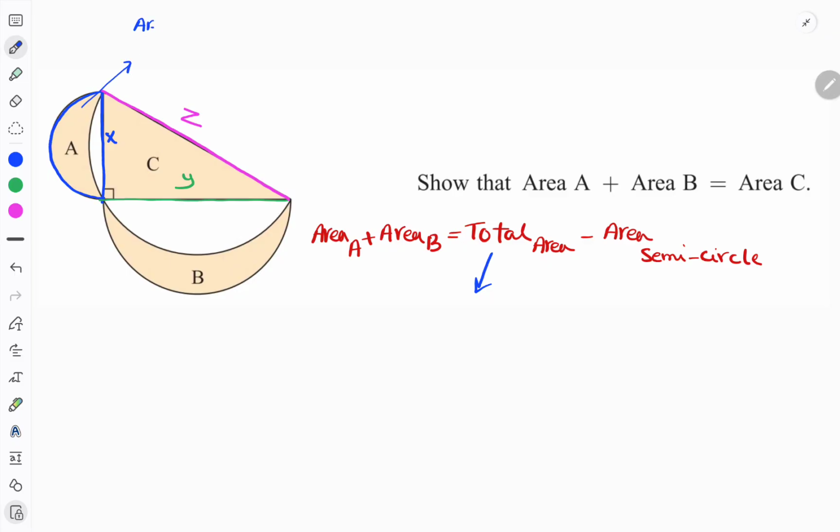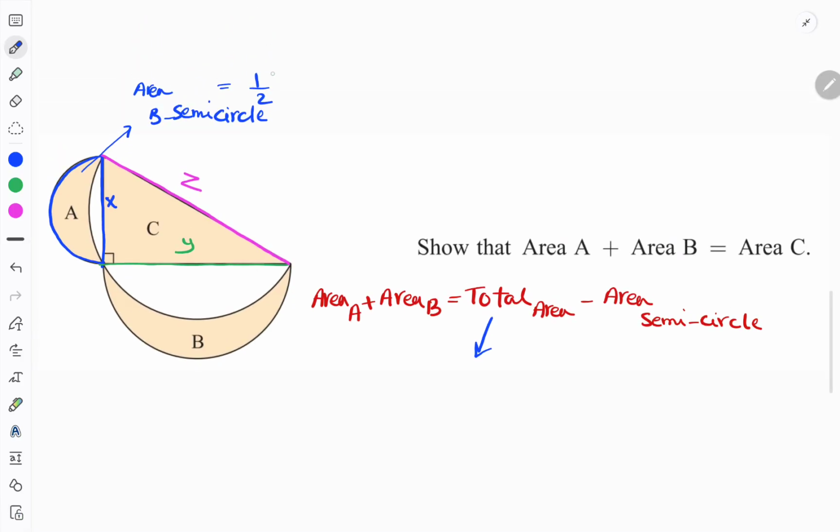So the area of blue semicircle is half of PR squared. R is the radius and X here is the diameter of this semicircle. So half of that, which is X over 2, is the radius of this semicircle.